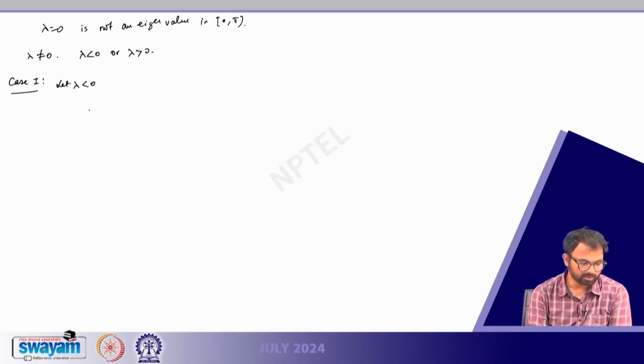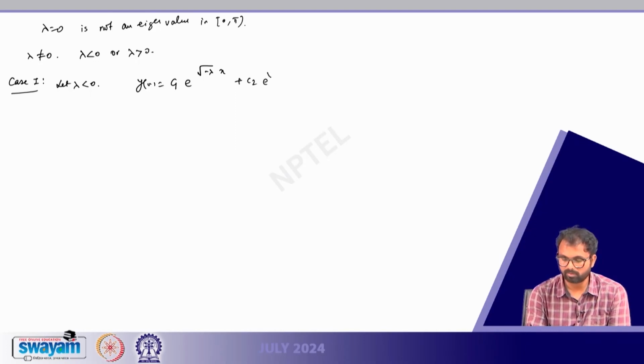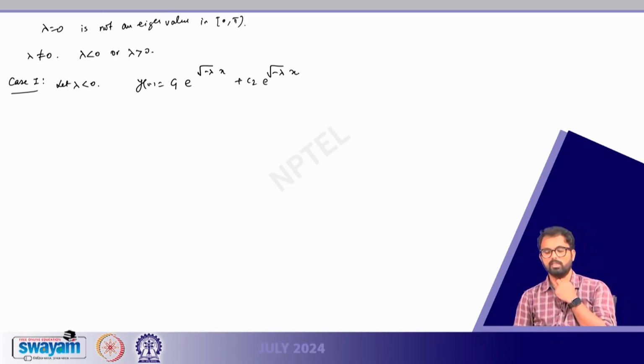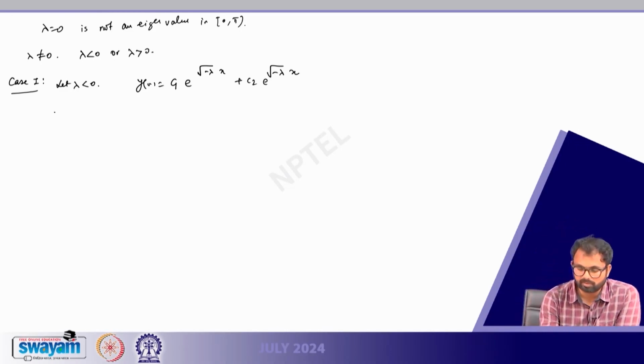Then the solution in this case will be y(x) equals C1 e to the power of minus square root of minus lambda x plus C2 e to the power of square root of minus lambda x, right.